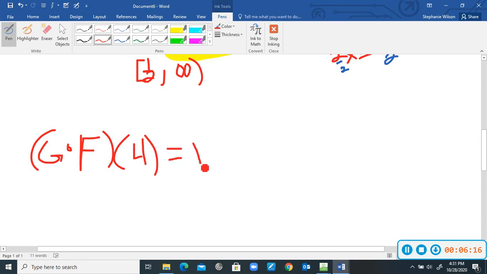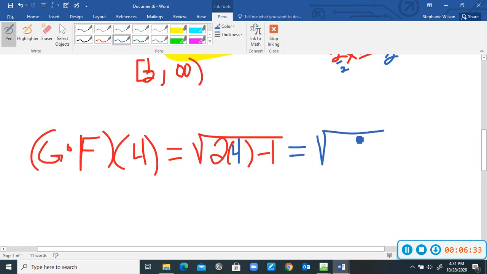So I'm going to take my square root, because that's what my g function is, plug in for x my f function, and everywhere I see x, I'm going to plug in the value that it is. So now I have 2 times 4, which is 8. 8 minus 1 is 7. So this doesn't factor out. We're actually done because this would be the exact answer.